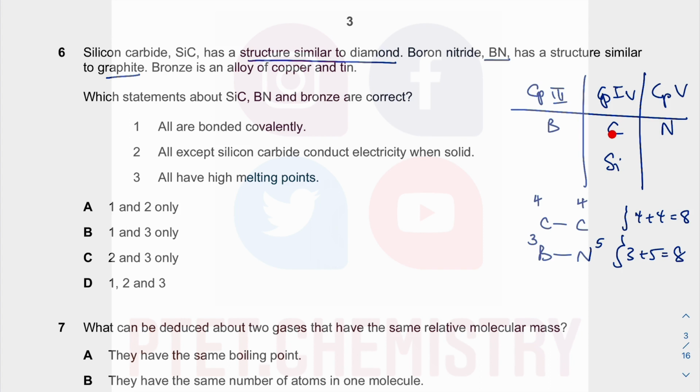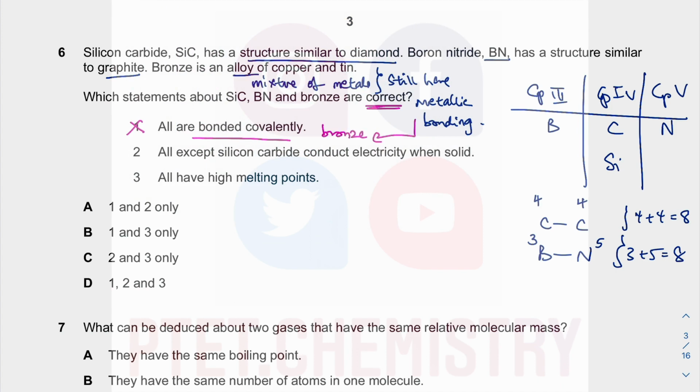Silicon carbide has a structure similar to diamond, and bronze is an alloy, so it's a mixture of metals. So you still have metallic bonding because you are just a mixture. You haven't done any chemical changes. So they're looking for the correct statement. All are bonded covalently. That is incorrect. Bronze is still metallic bonding because you still have the copper and the tin metallic bonding.